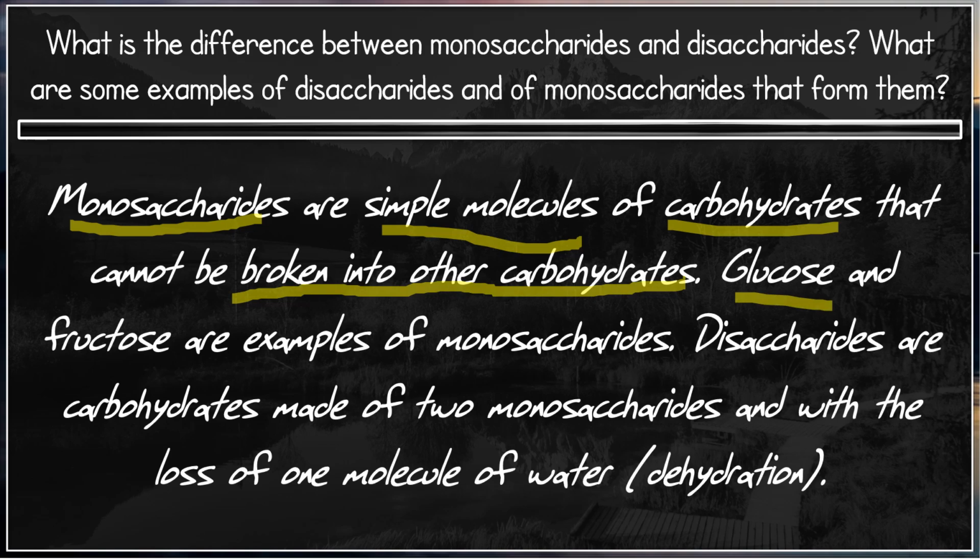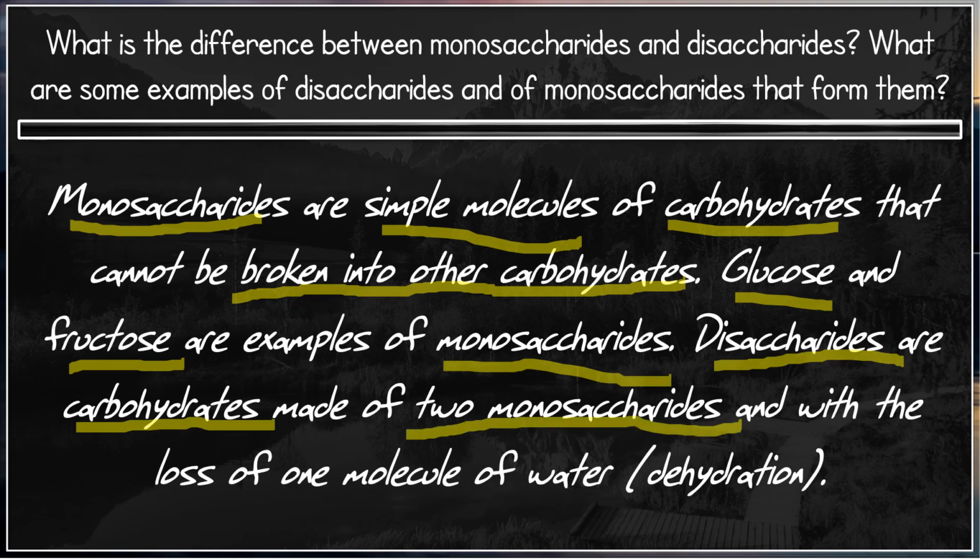For example, glucose and fructose are examples of monosaccharides. Whereas disaccharides are carbohydrates made up of two monosaccharides with the loss of one molecule of water, dehydration.